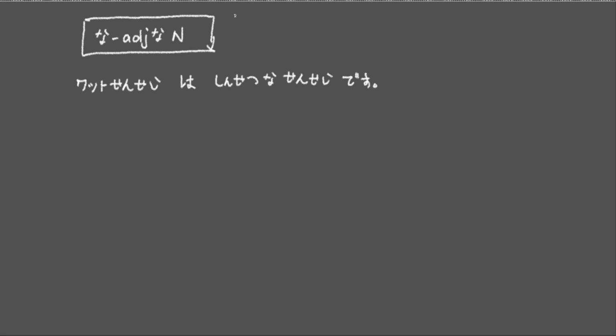Now let's focus on this second part of the sentence, okay? This part. Shinsetsu, adjective. Na, marker for na adjective. Sensei, noun. So this is where it is at, okay? Na adjective, na, noun. All right?